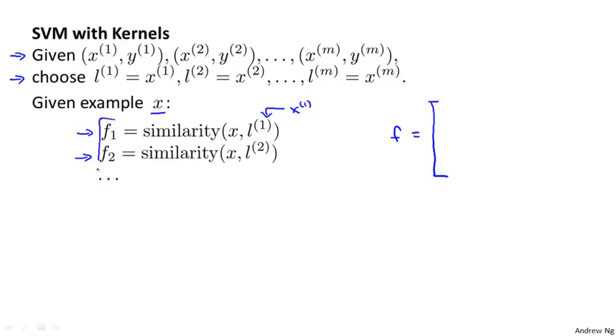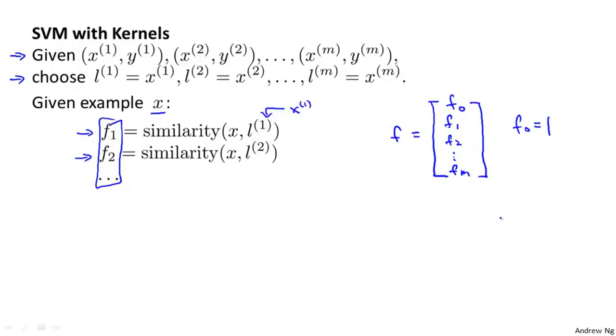I'm going to take these f1, f2, and so on, and just group them into a feature vector that goes down to fm. And just by convention, if we want, we can add an extra feature f0, which is always equal to 1.